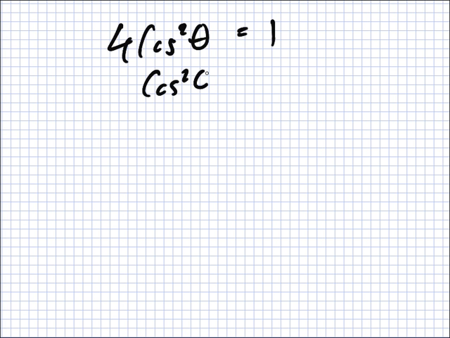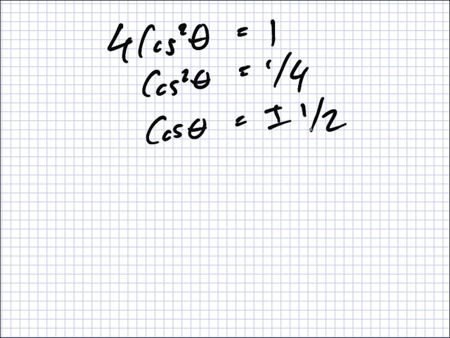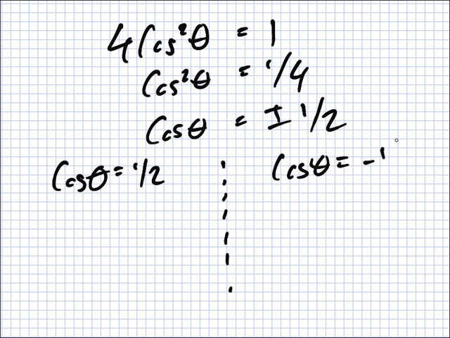So cos squared theta equals a quarter. So cos theta equals plus or minus a half when you square root. Square root of a quarter is a half. So you have two equations here: cos theta equals a half, or cos theta equals minus a half.